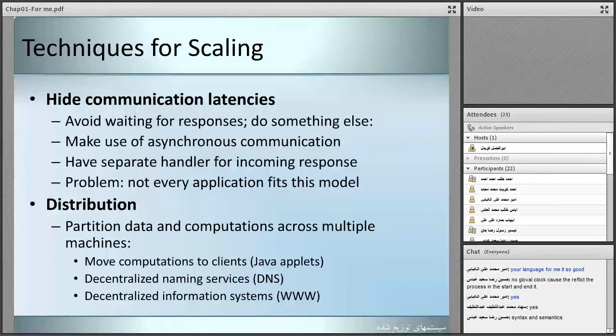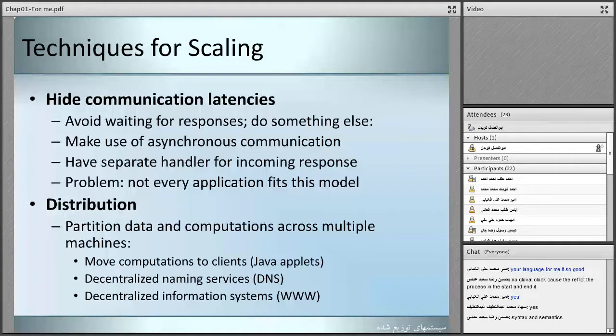But this information is decentralized. It is not stored in a single server. Can you imagine that all the information on the web is stored in a single server? It doesn't work. So the information is decentralized in different locations, in different servers, hosts.